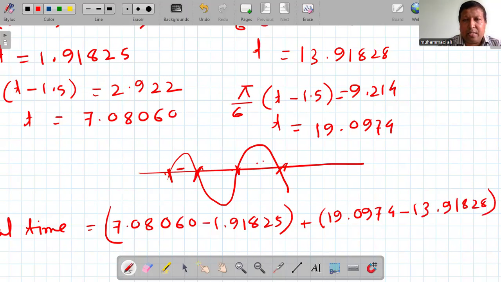So altogether, after subtraction and then addition, the result is 10.3. So total time, that means 10.3 hours, it is above the 5 meters.